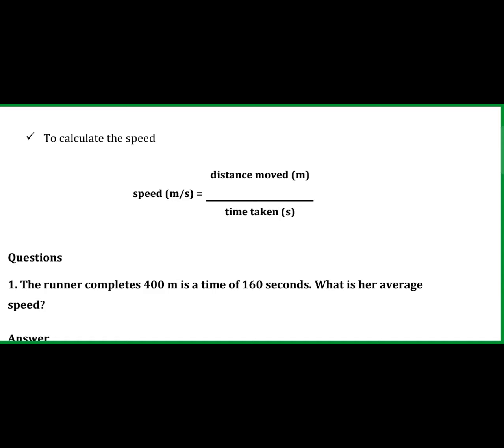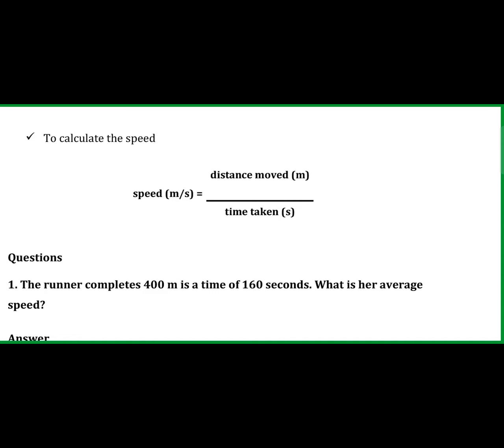2.5 meters per second. What is the rule? Tell me about the rule and your substitution. You can solve it in your notebook now. The formula is distance divided by time in seconds equals speed.